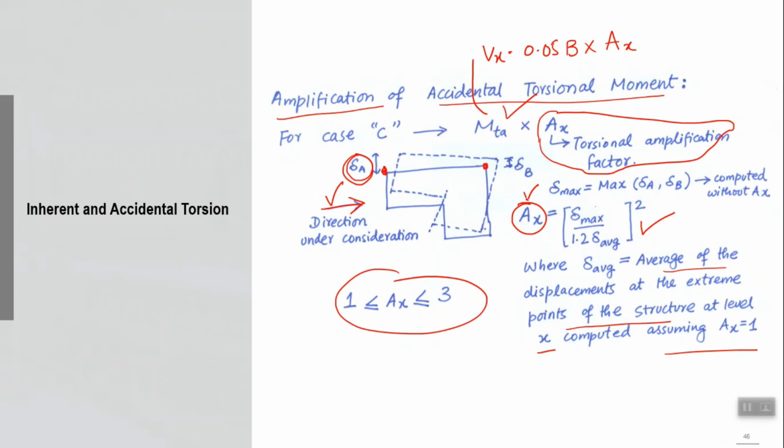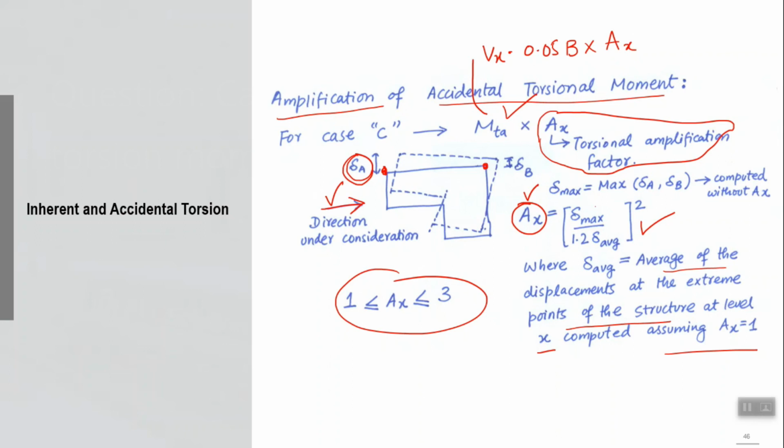It is a ratio of the maximum displacement to the average of the displacement at the two corners. The summary is, if your building is rotating too much, increase your accidental torsional moment used for the purpose of design.